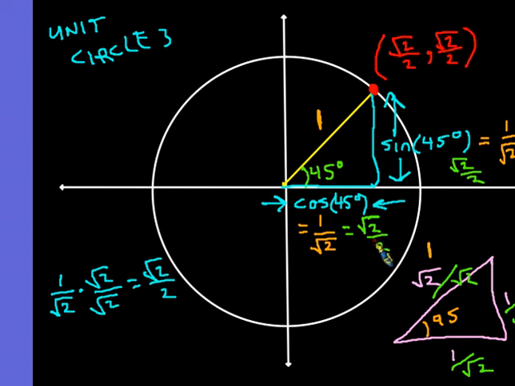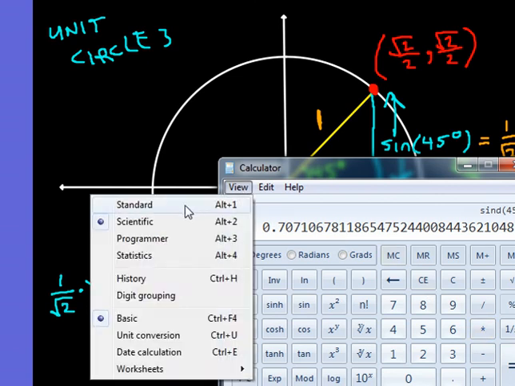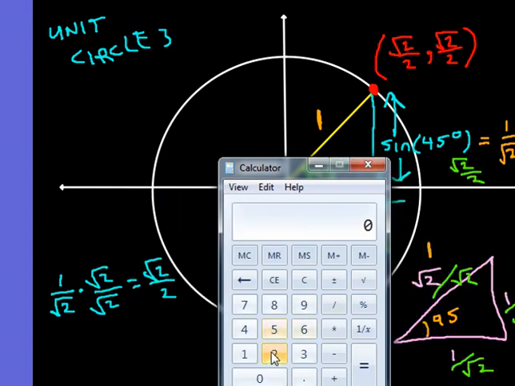And we can verify this with the calculator. If we go and look at 45 degrees and we take the cosine, we get 0.707. And if we take 45 degrees and we take the sine, we get 0.707. And we'll just verify that if we take 2 and we take the square root and we divide by 2, square root of 2 over 2, we get 0.707.